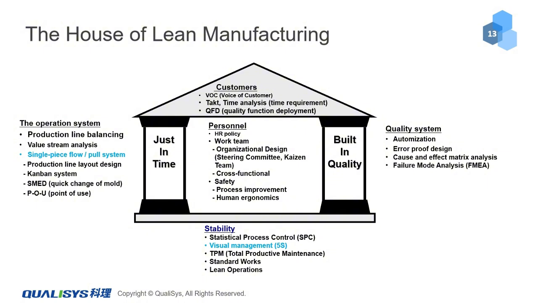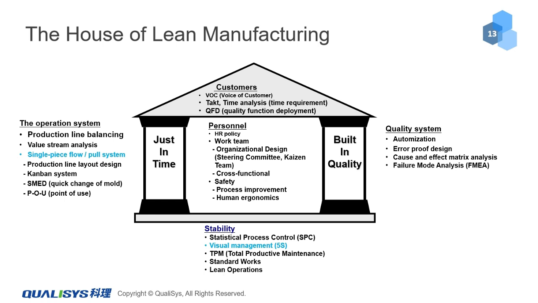No more, no less. So this is efficiency. The other pillar is building quality, which means you produce the right amount at the right time, but the quality must also be right. So you have a quality product produced at the right time, in the right quantity, at the right cost.